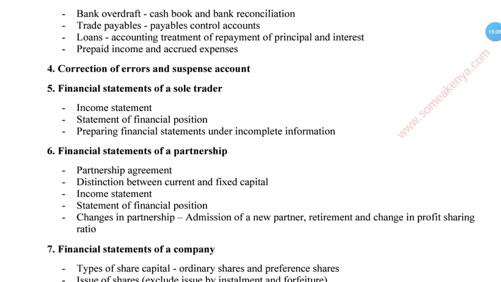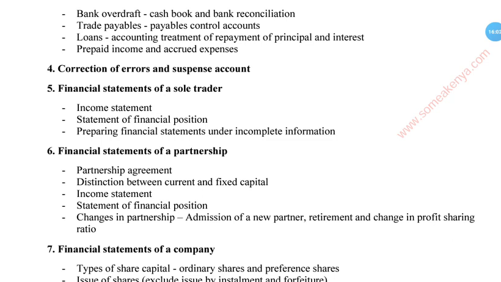We shall also go through accounts prepared in the event that there are changes in partnership. Changes here means that in the course of the year we have admitted a new partner, we have retired a partner, and the change in the profit sharing ratio in the event of admission or retirement of a partner.